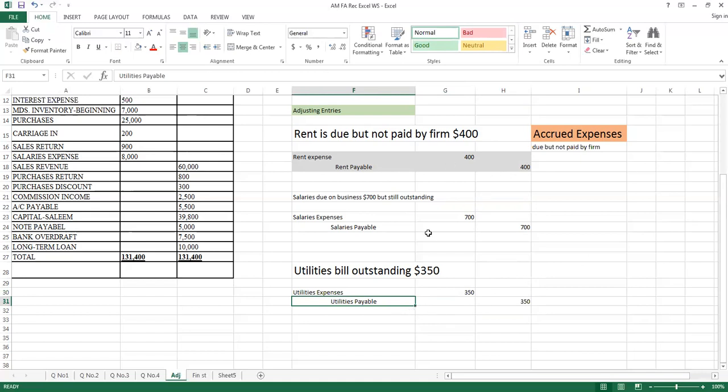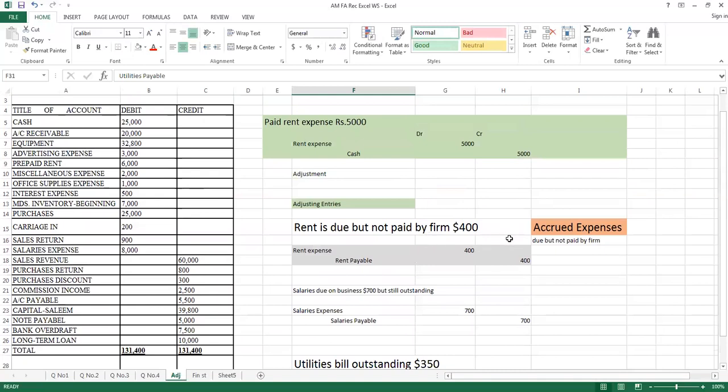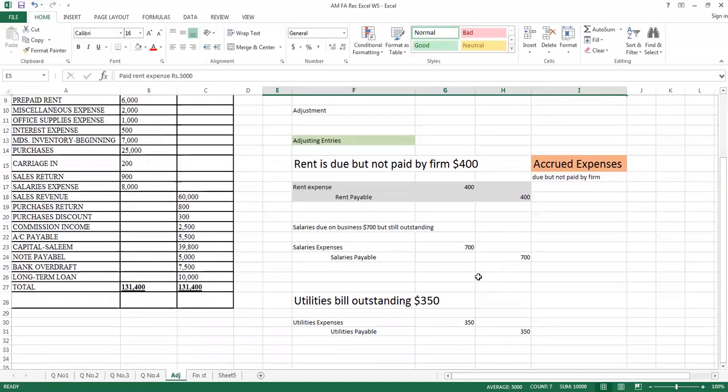I hope that this entire exercise, which I started from a simple payment of rent, gave you the idea of how adjustment will be recorded. You can review the lecture again just to develop your concept of how we work on adjustment.